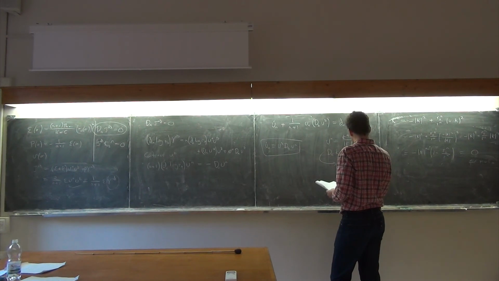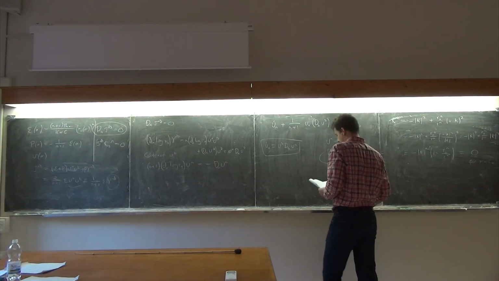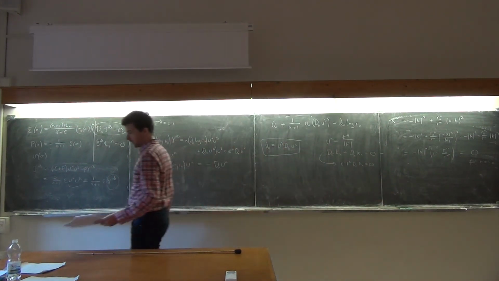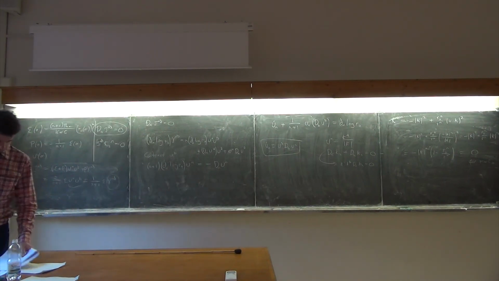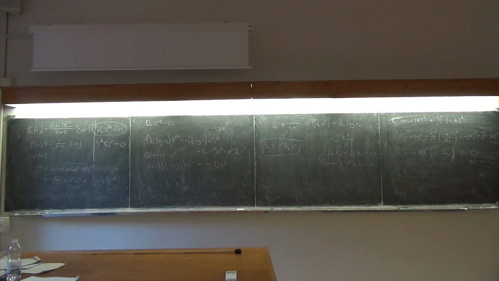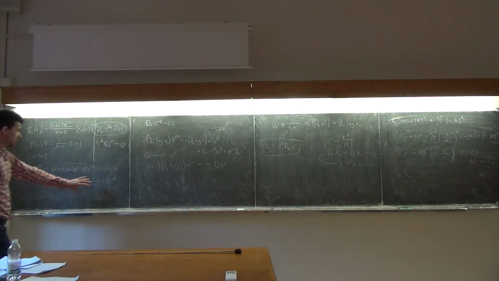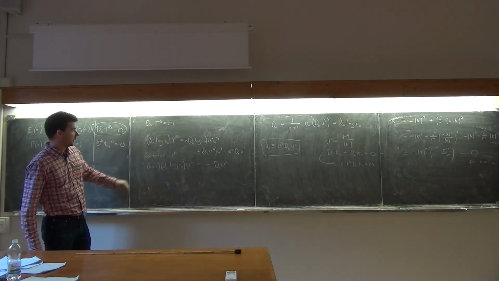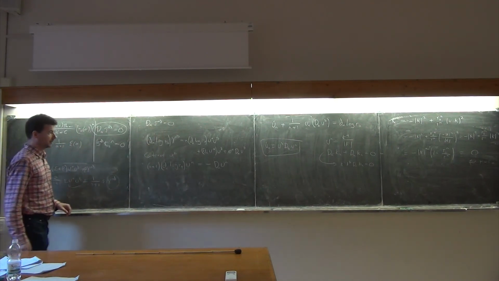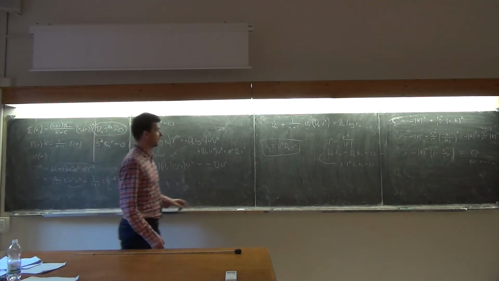Something wrong with signs. There's something wrong with the signs. No, I think it's right. I mean, this one has to go on the other side, so that's this term. So the final answer is u dot plus 1 over n plus 1.